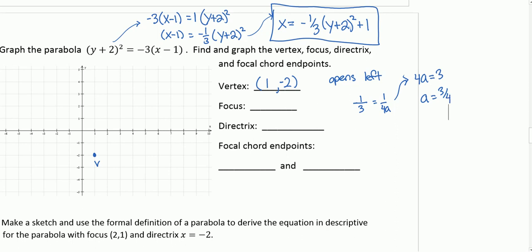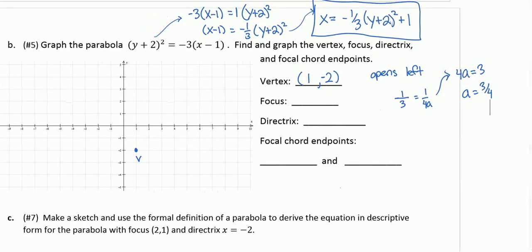So it's pretty close to the vertex. I'm going to go to the left 3/4, not even a full unit, so 3/4 right there. That's my focus. And that location, well, if I was at 1 and I went to the left 3/4, I'm at 1/4. Still at the same height of negative 2.